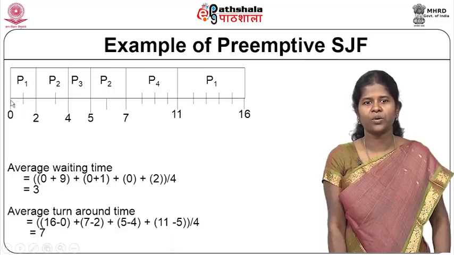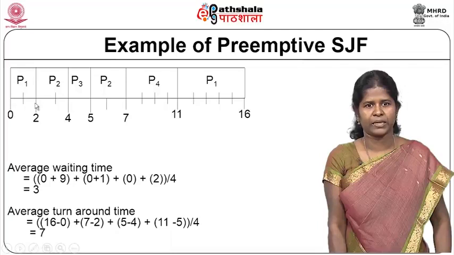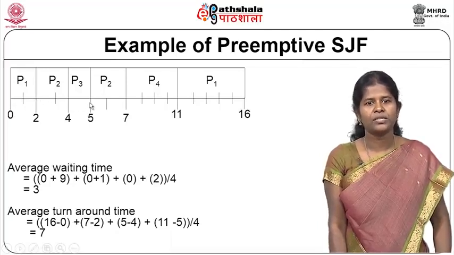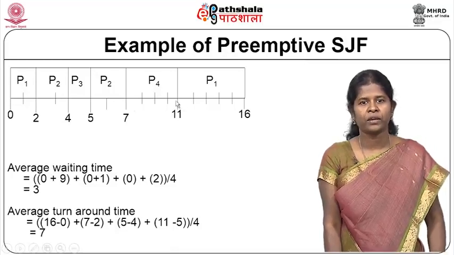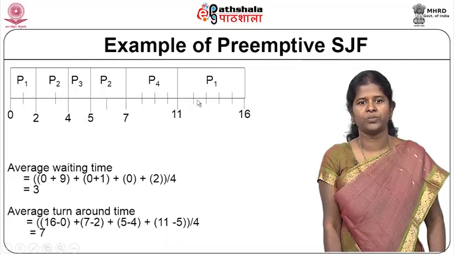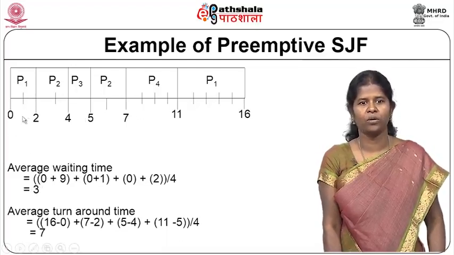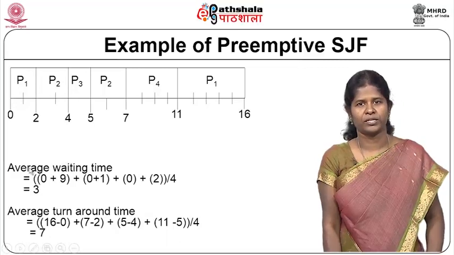So, initially there is no waiting time here, and then it ran for 2 milliseconds, and from t equal to 2 till t equal to 11, P1 was waiting. So, the waiting time for P1 is 0 plus 9, which is 9 milliseconds.